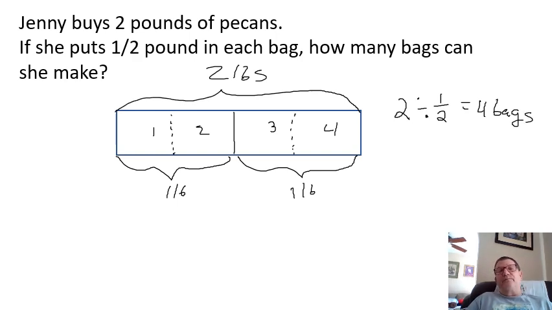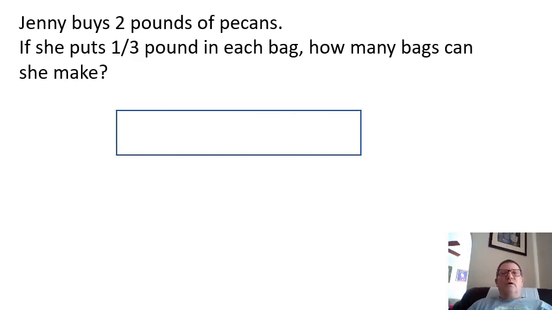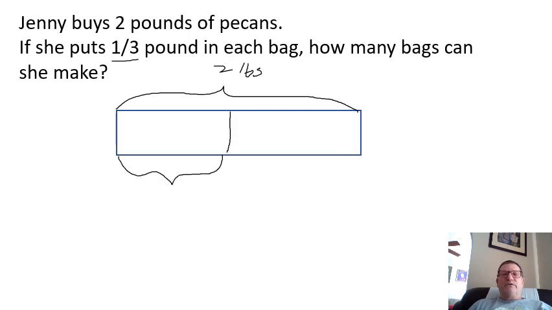Interesting. Let's try again. All right, so this time let's go ahead and put a 1/3 pound in each bag. So I'm starting off with 2 pounds of pecans. And I'm going to split that tape diagram into 2 pounds, each individual pound.